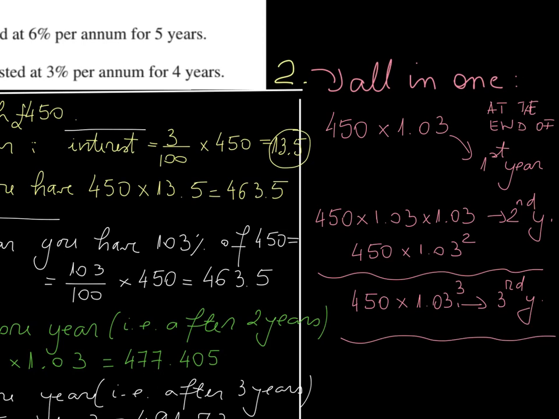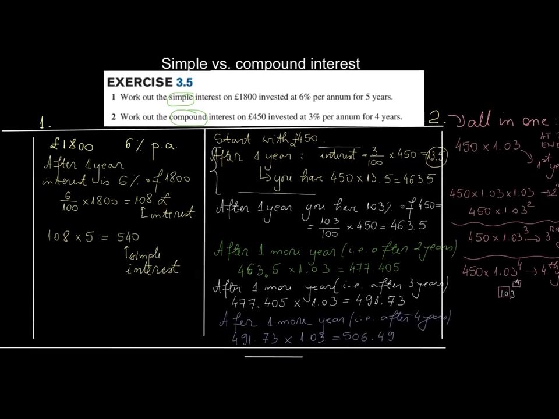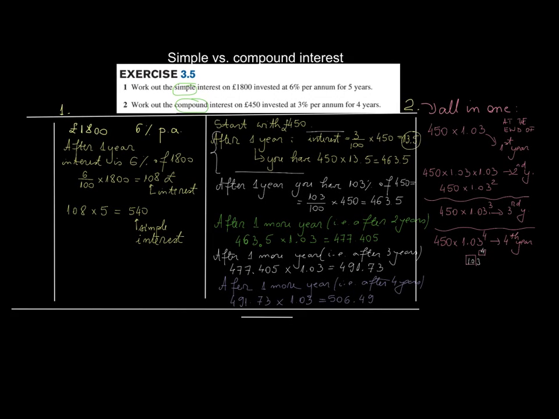And at the end of the fourth year, you multiply again by 1.03, so this is after the fourth year. If you put this in your calculator, you see that you have a button for 1.03 to the power of 4. You should get the same amount as before, but it's done in a shorter way.